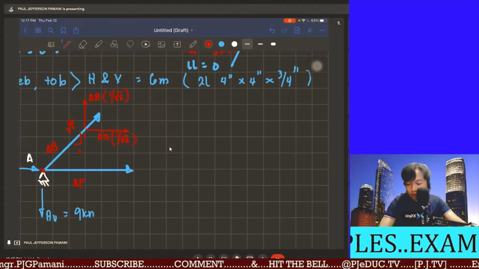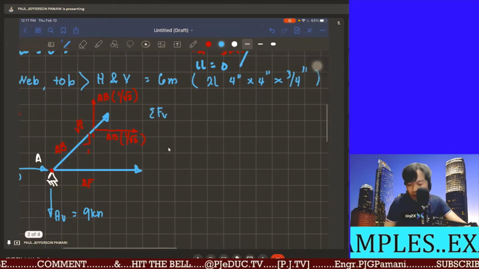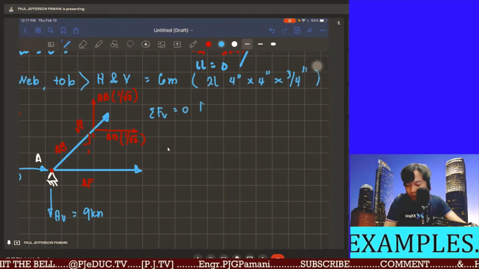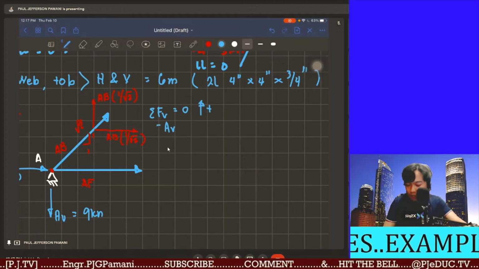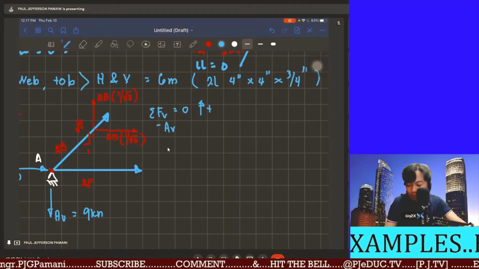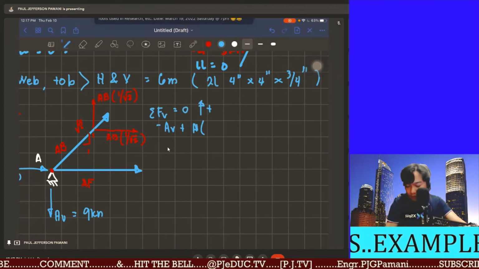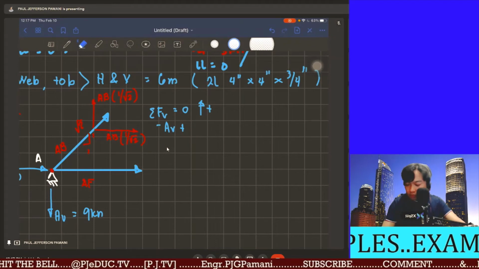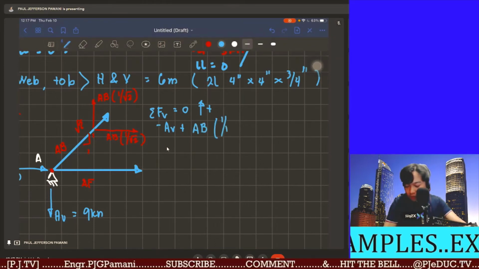So summation of forces vertical. What are those vertical forces? Upward forces are positive. AV going down is negative, AV. Then the AB vertical component, positive, upward, AB of 1 over square root of 2.